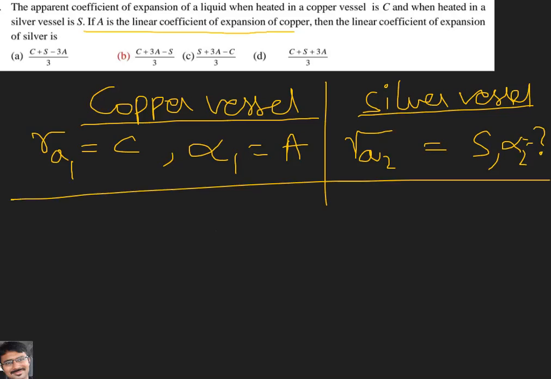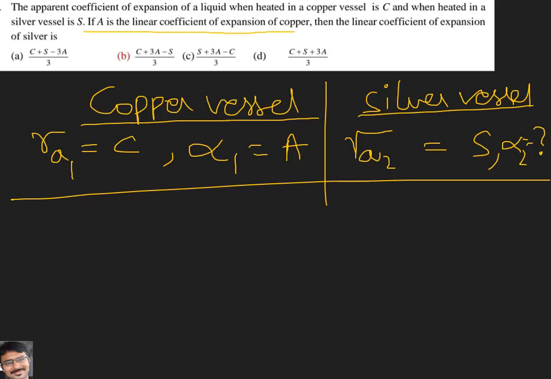One thing you have to observe carefully here. It may be copper vessel or silver vessel, the liquid which you are using in that vessel is same. That means in this copper vessel what liquid you are using, same liquid we are using in silver vessel also. Because of change of vessel, apparent expansion will change, but not real expansion of liquid. Liquid real expansion always will be same.